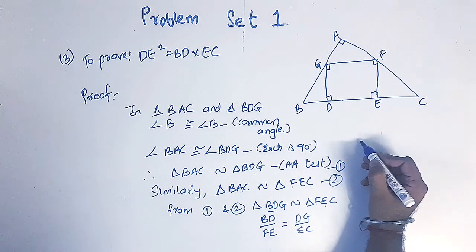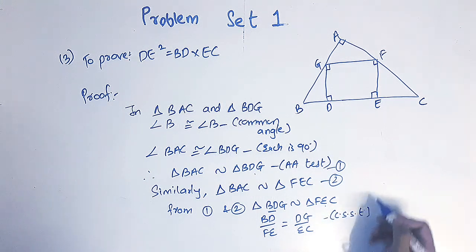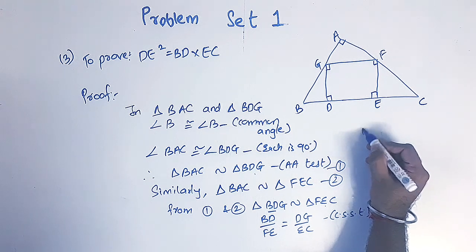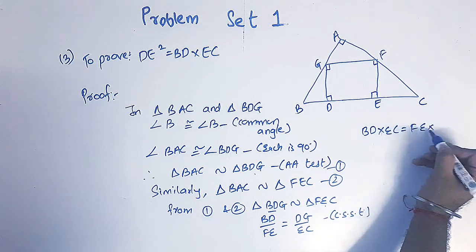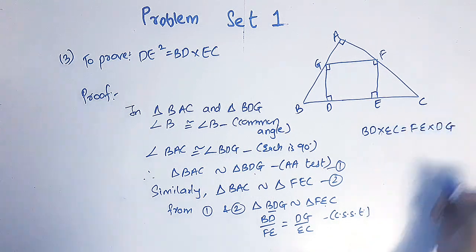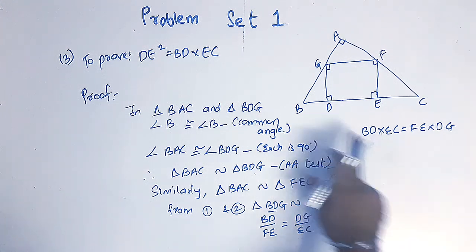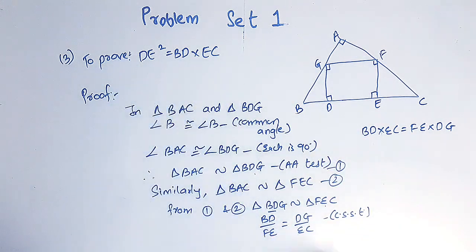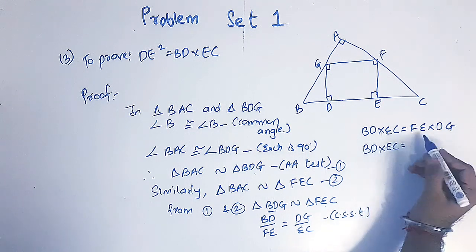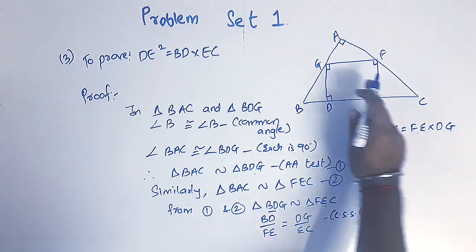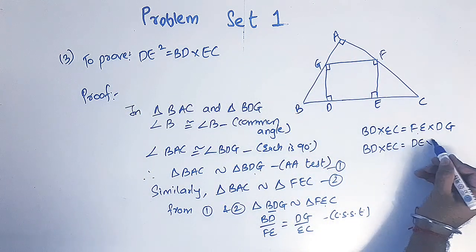Now let us cross multiply. This will become your CSST. If I cross multiply this, BD into EC is equal to FE into DG. Yes or no? So you got this, but you are yet to get the LHS. Very simple. BD into EC equals to, instead of FE, I can write DE, because FE and DE are sides of a square.